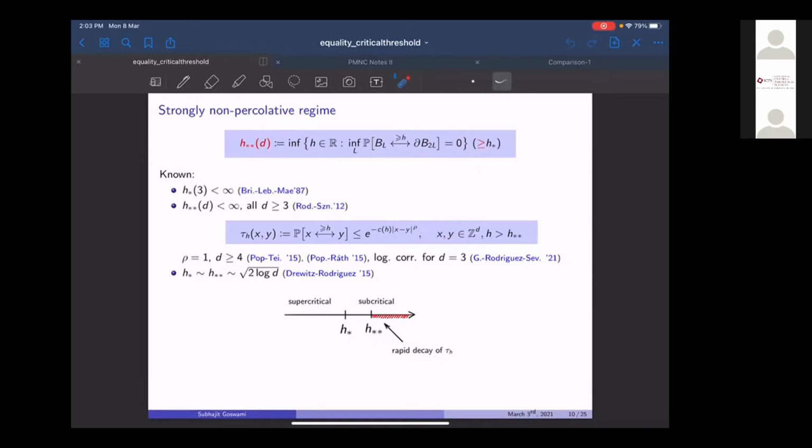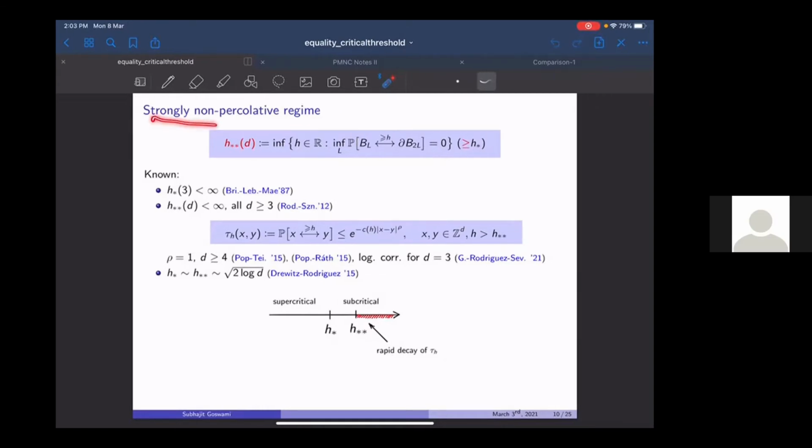The reason why we call it strongly non-percolative is this result by Rodriguez and Sznitman 2012, where they proved that you have similar properties to what you expect from the strongly non-percolative regime in Bernoulli percolation for this model as well. For example, the two-point functions or the connectivity probabilities decay stretched exponentially in distance.